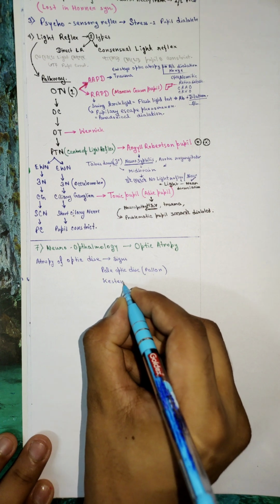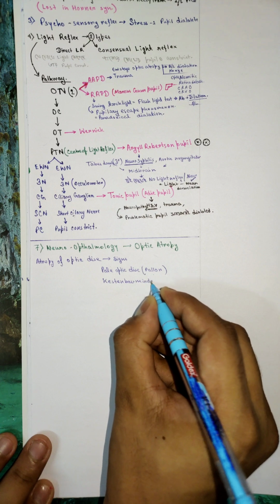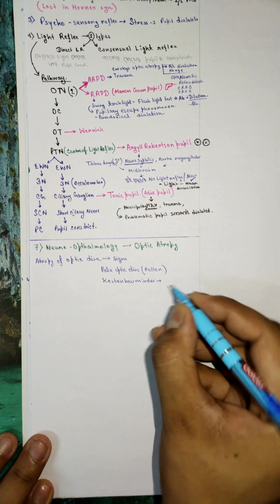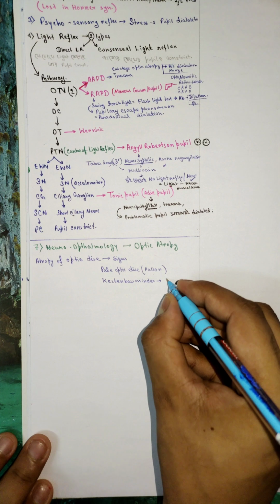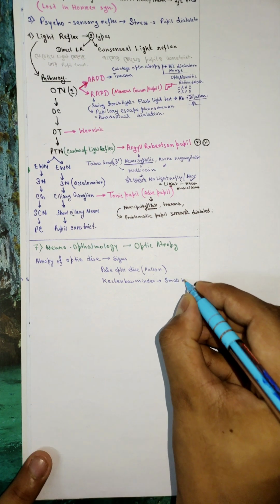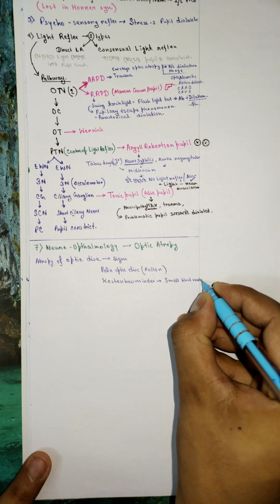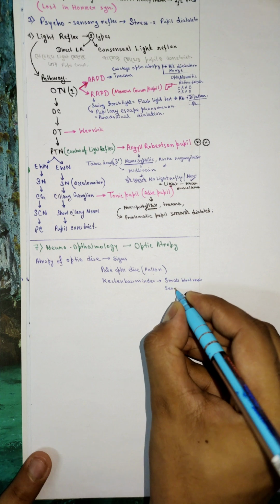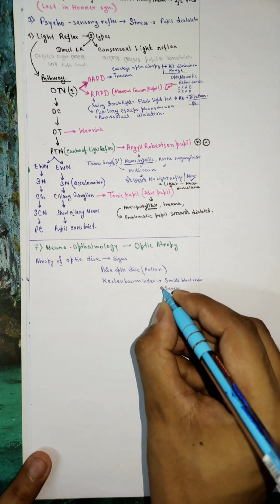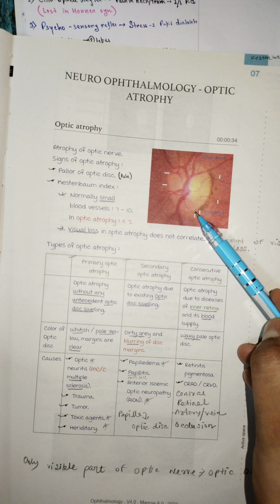Second, Kestenbaum index, that is small blood vessels less than 7. Normally in any picture, if we see this picture, it is the optic disc and there is some pallor.